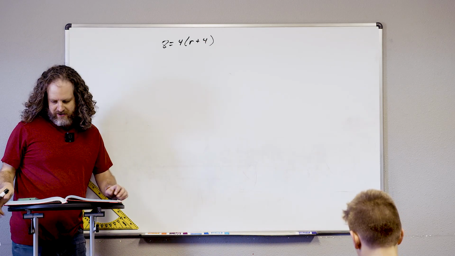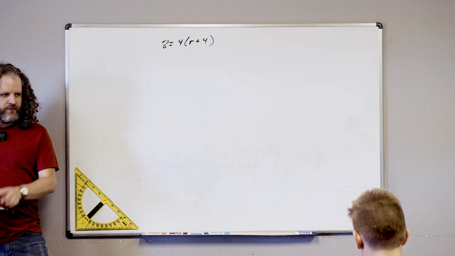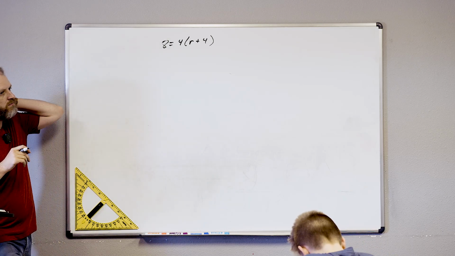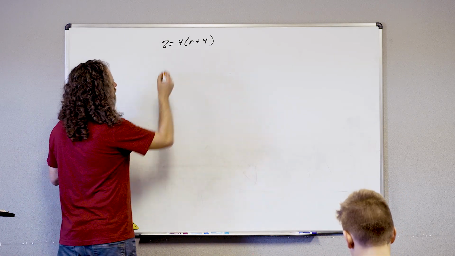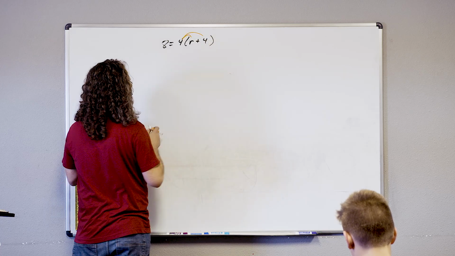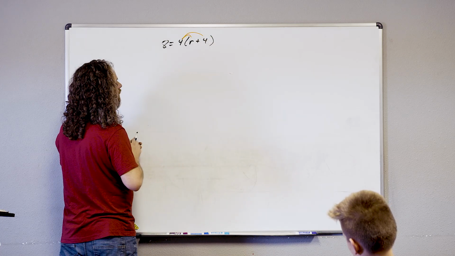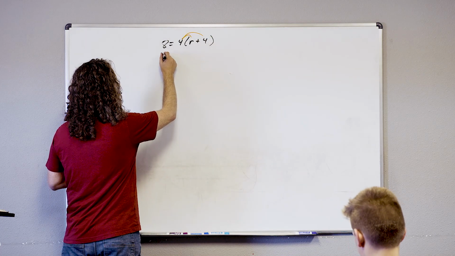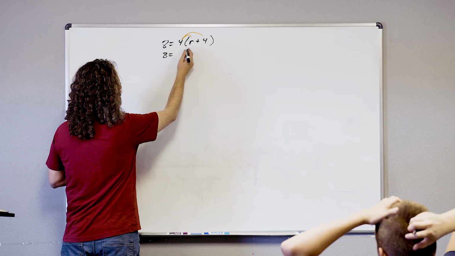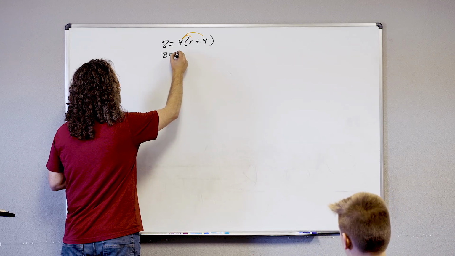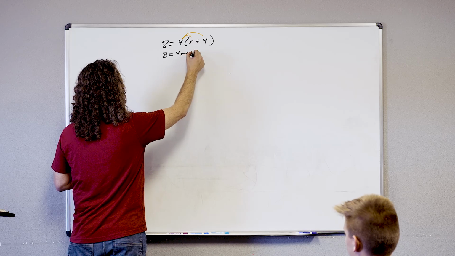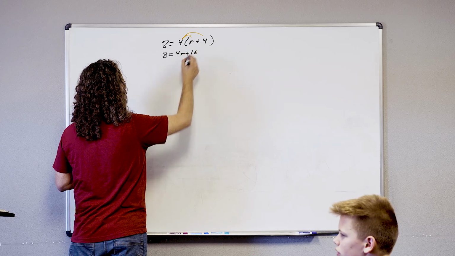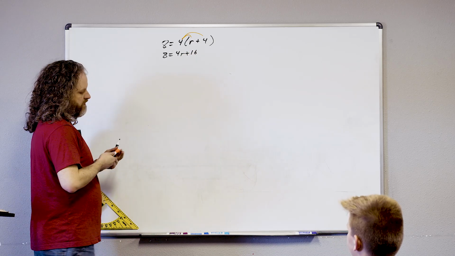There's 2 ways to start this particular problem. What should we do? Distribute is fine. That's totally fine. Okay, let's distribute the 4. We're on 14? Yes. 4 times r is what? 4r. 4 times 4 is what? 16. You were right to begin with, 16. Now what should we do?